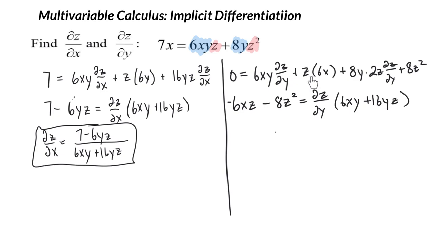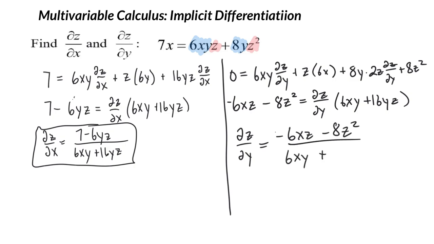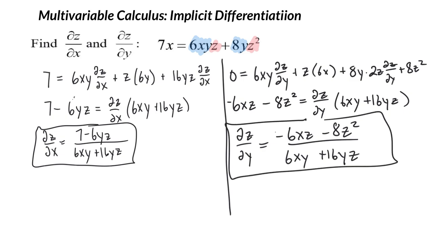Just to recap here, I moved these two pieces over, factored that out, so 6xy is here, and then here it was 16yz right there. And now I will divide both sides, so I have dz dy is equal to negative 6xz minus 8z squared over 6xy plus 16yz. And there is my implicit derivative.